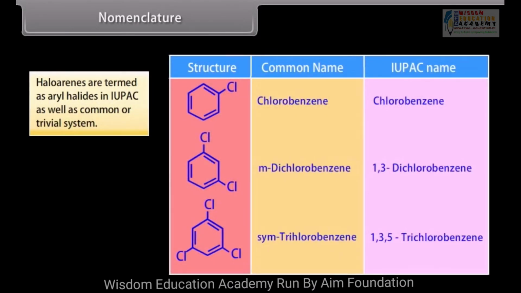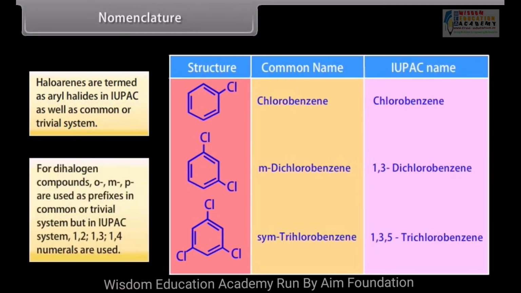Haloarenes are termed as aryl halide in IUPAC as well as common or trivial system. For dihalogen compounds, ortho, meta, para are used as prefixes in common or trivial system, but in IUPAC system, 1,2, 1,3 and 1,4 numerals are used.